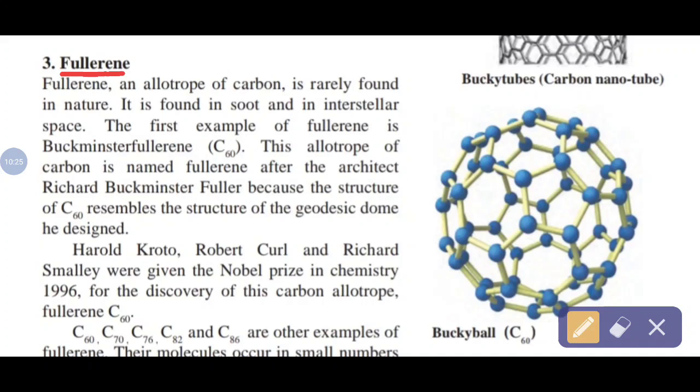Fullerene, an allotrope of carbon, is rarely found in nature. Rarely means very less. It is found in soot and in interstellar spaces. Soot means black colored smoke.